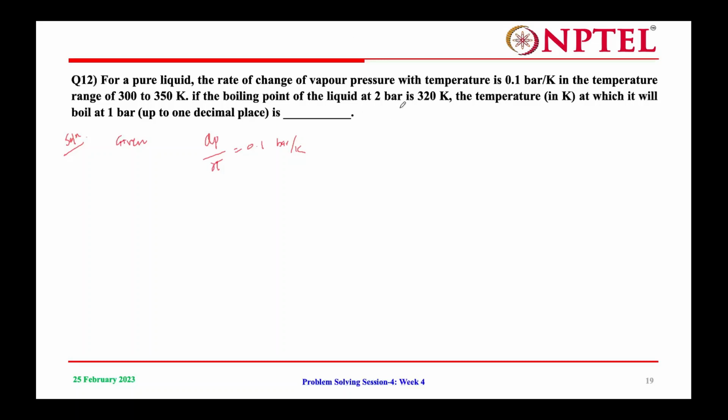Here P2 is not given, so after integrating we can find it. It is just a simple dP by dT, so we can write (P2 minus P1) divided by (T2 minus T1).